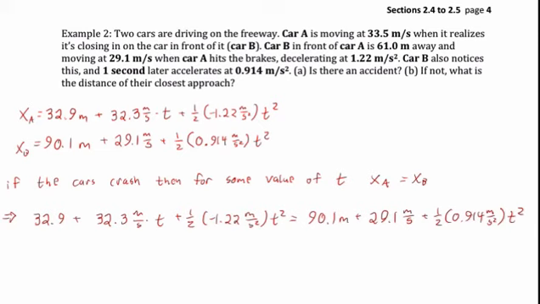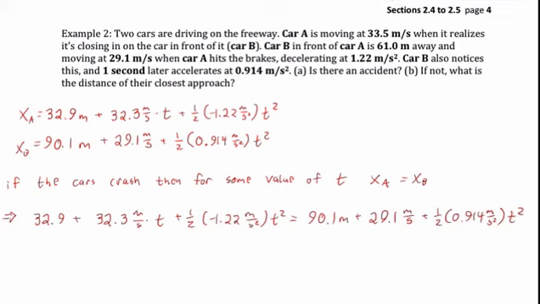Okay, so now I've got a full equation. I just need to see if there is any value of t that satisfies it. So to do that, I'll just plug this into the calculator and then tell you if there is a solution.